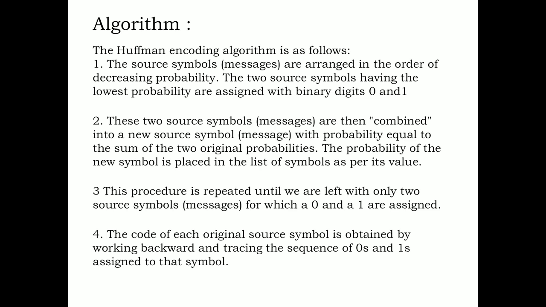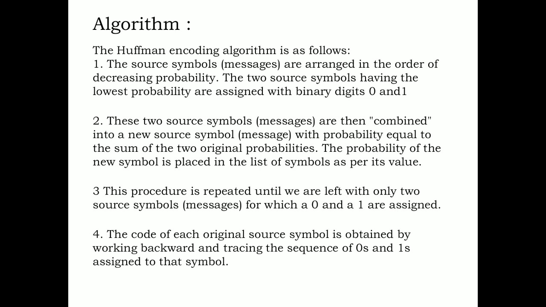These two source symbols or messages are then combined into a new source symbol with probability equal to the sum of the two original probabilities. The probability of the new symbol is placed in the list of symbols as per its value.